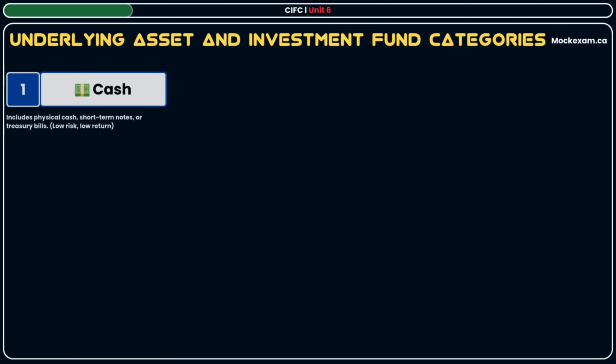Number 1, cash. What do I mean by that? This cash type of underlying asset includes physical cash. They may not even invest all the money. They put some part of the money aside.